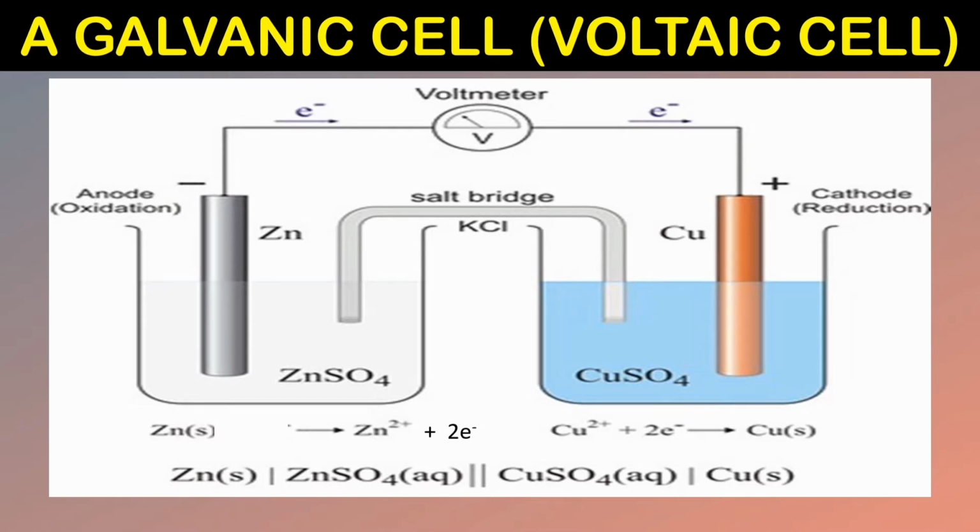When both are connected externally using wire and connected to a voltmeter, the deflection of the voltmeter is a proof that current is produced. So we can have an overall reaction of Zn plus Cu2+ to give us Zn2+ plus Cu.